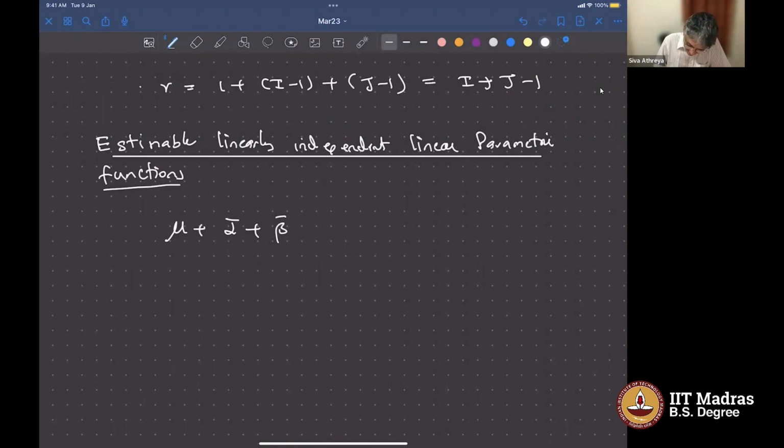So alpha i minus alpha i prime, for 1 less than or equal to i not equal to i prime less than or equal to capital I. You can do all those.